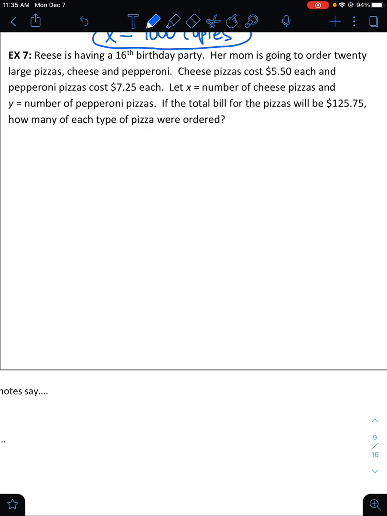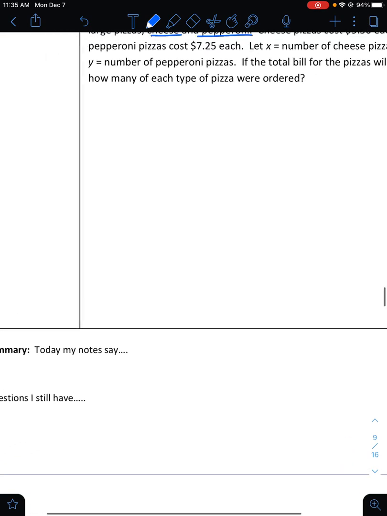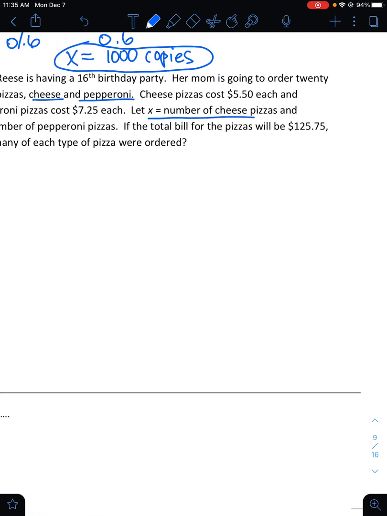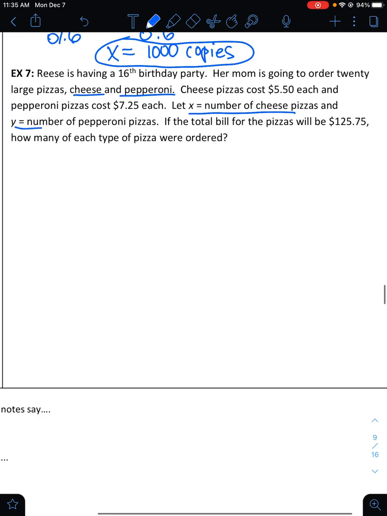Okay, I have 2 types of pizza. So let's go ahead. I guess it tells me here. I'm going to say X is the number of cheese, Y is the number of pepperoni. So I have some pepperoni and some cheese, and then I also know how much it costs.